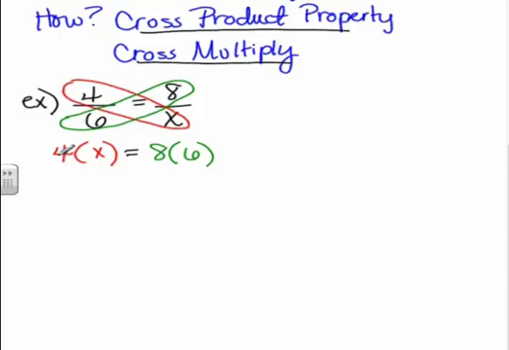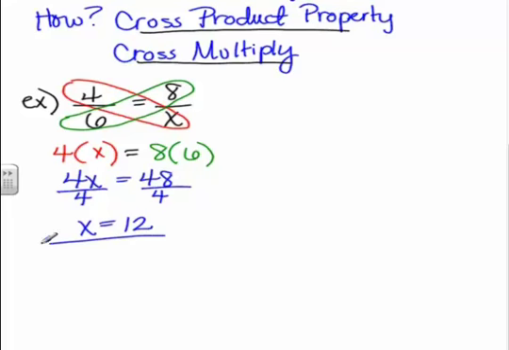So let's clean this up. 4 times x is 4x, and 8 times 6 is 48. The main goal is to figure out what is x. Since 4 is being multiplied to x, to undo this operation, we need to divide. So we're going to divide both sides by 4. So x equals 12.